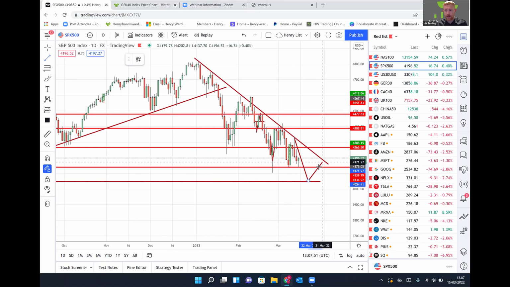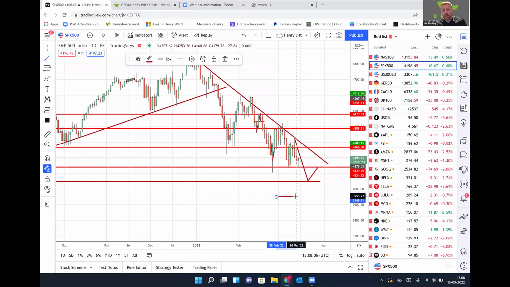We're back up to there. So are we looking to buy here, or are we waiting for the break and then retest? In your opinion?